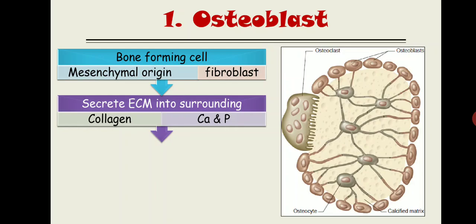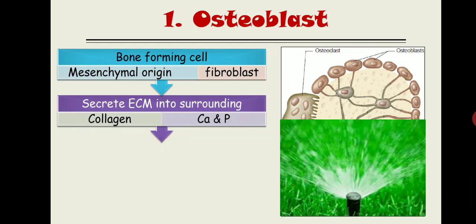Let me give you a picture that you can easily incorporate into our story: the water sprinkler that you see in the garden, right? What will a water sprinkler do? It will sprinkle the water 360 degrees around it. So you can easily understand that in this water sprinkler, the black colored portion is the osteoblast, and the water it is sprinkling is the extracellular matrix, basically the collagen and the calcium and phosphate.